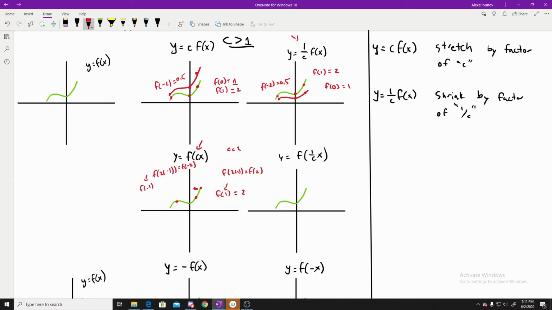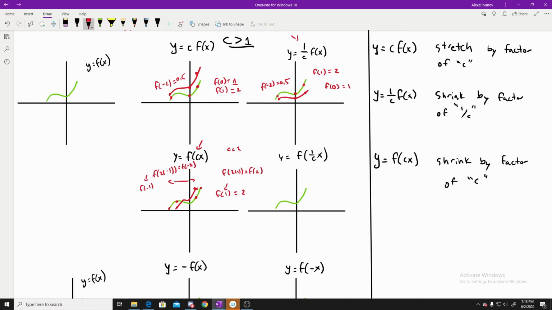So whatever value we had here is now going to take the place of the value that we had before. Now, if we were to connect these points, we could see that we would get a function something like this. And as we see, the interval over which the function spans has shrunk. So we can conclude that multiplying the x-coordinate by a factor of c will horizontally shrink our function.